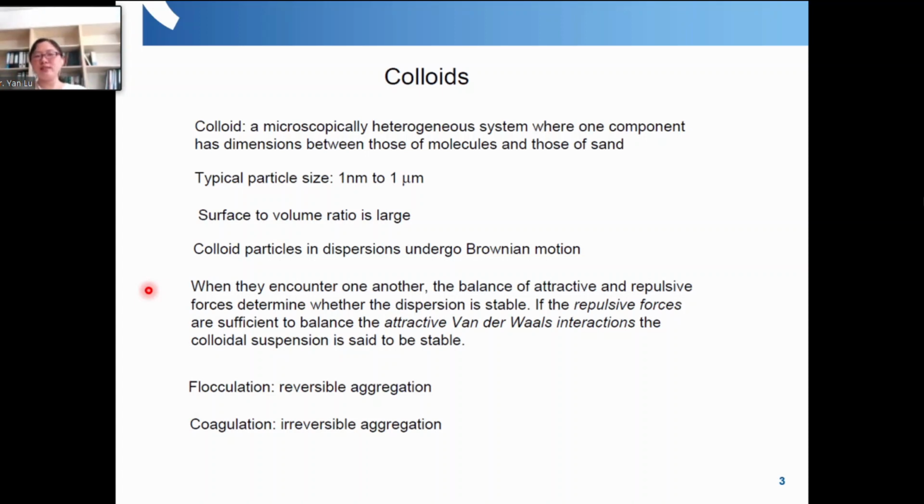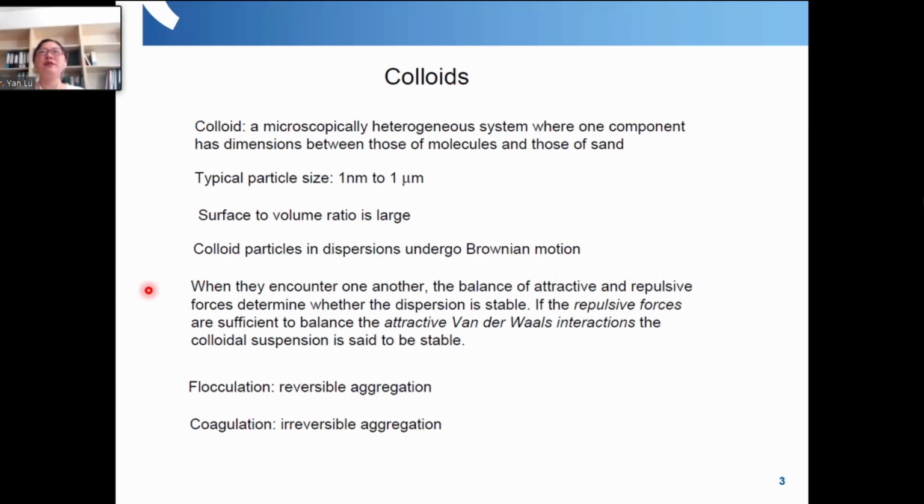Due to their small size, they have a very large surface to volume ratio. A very important property of colloidal particles is that, when they are in dispersion, they undergo Brownian motion. I mention this because we discussed in the very beginning how to measure the particle size of colloidal particles.